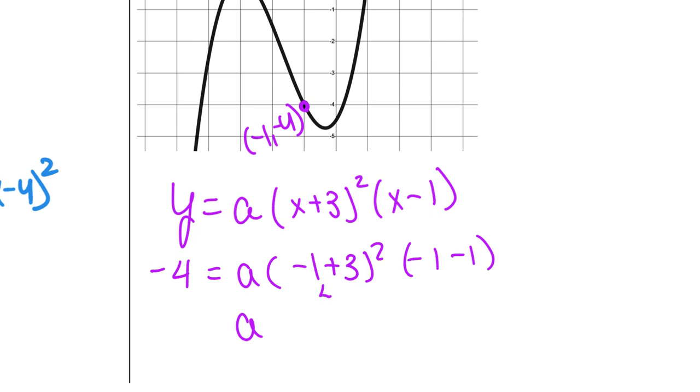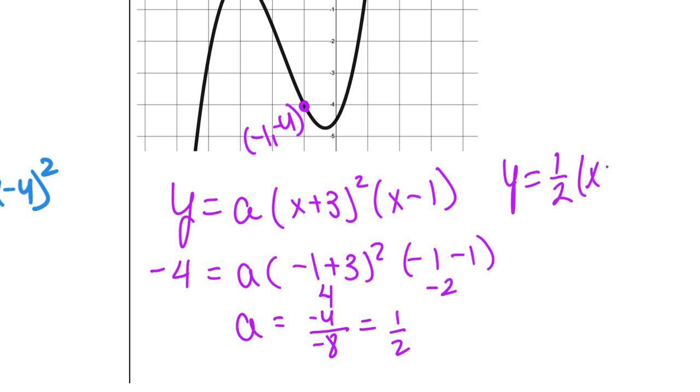This would be 4, -2. So we got a equals -4 divided by -8, which equals 1/2. So y equals 1/2 times x plus 3 squared, times x minus 1. Wow.